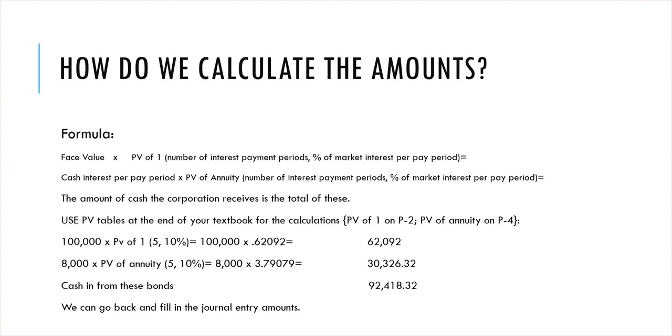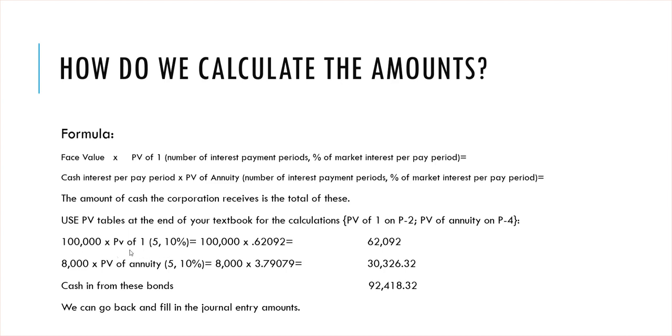So the first part of our formula, and this is the formula which you will get to become very familiar with, this number, this $100,000 here, is the face value or maturity value in the case of a note, the amount that's going to be paid at the end. You're going to present value of 1 back to the beginning, the day you're going to do this journal entry, and that is 5 years in this case, and the market interest rate is 10%.